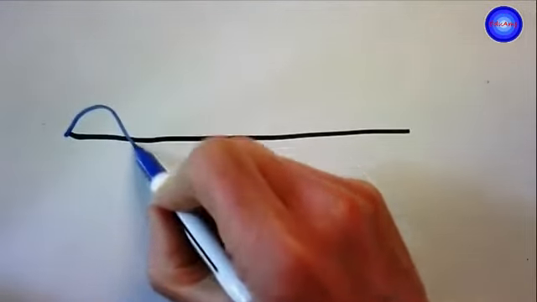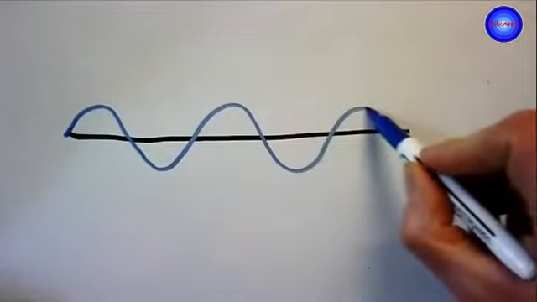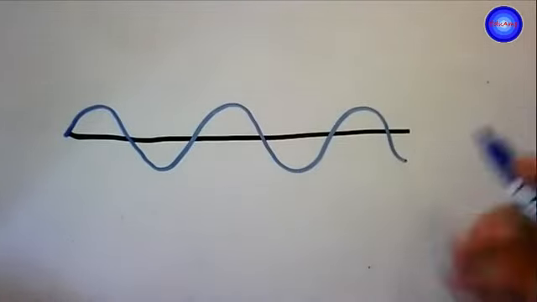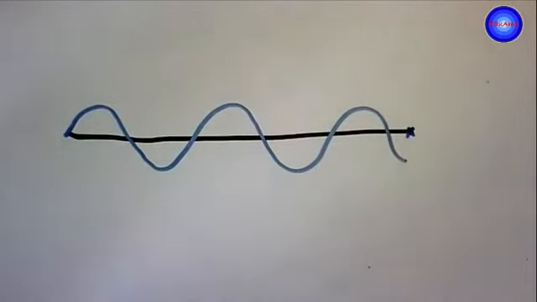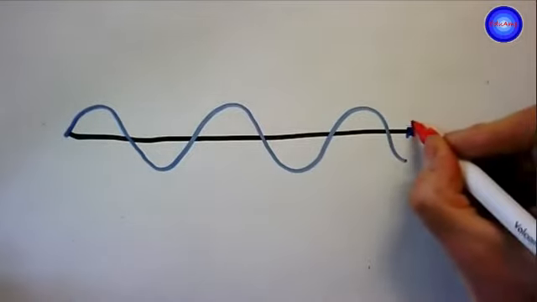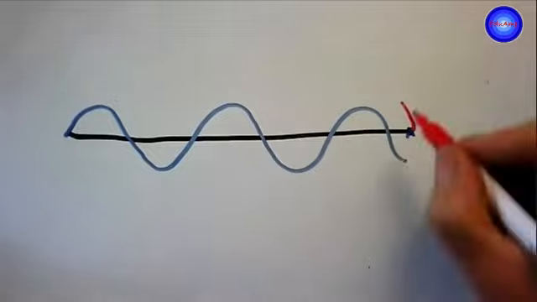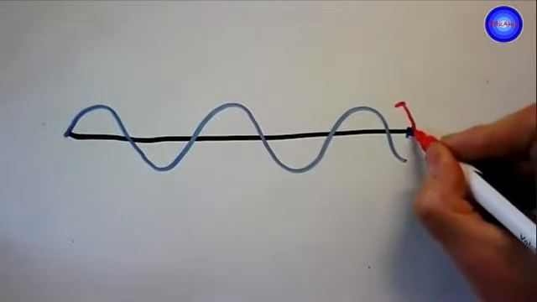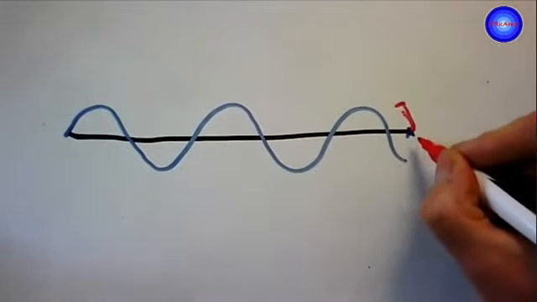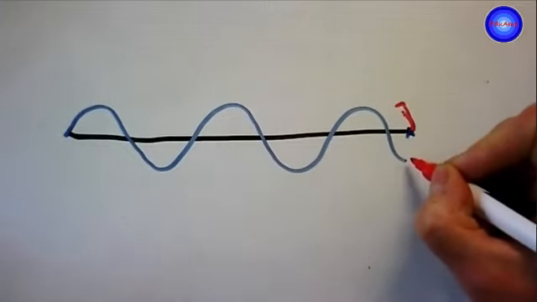There's my wave going out. When I pluck it, boom, the blue wave goes out like this. But when it hits here, it gets reflected, and to show the reflected wave, the red does that. It goes up. The reason it must start going up is because you've got to show the phase difference.